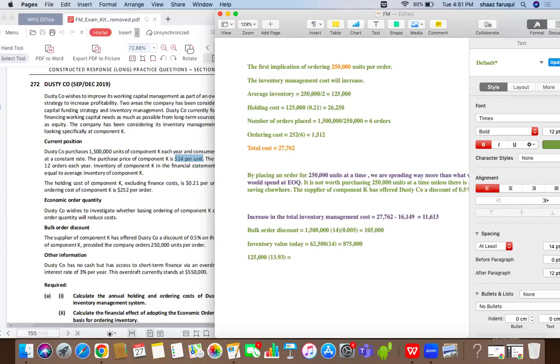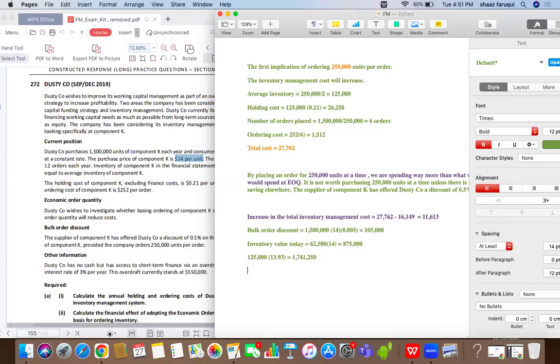Therefore, the value of the inventory will be how much? 125,000 into 13.93, which is 1,741,250. So how much is the extra value of inventory that you are holding?